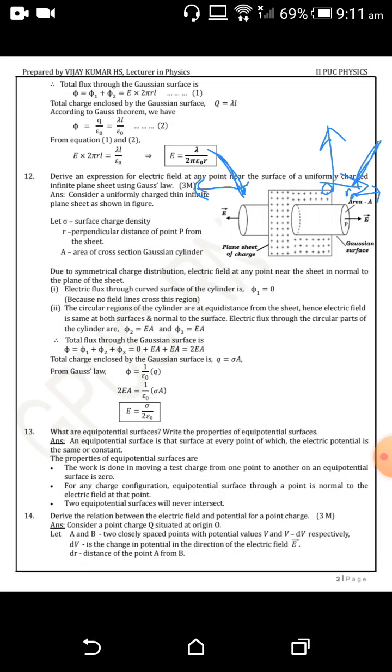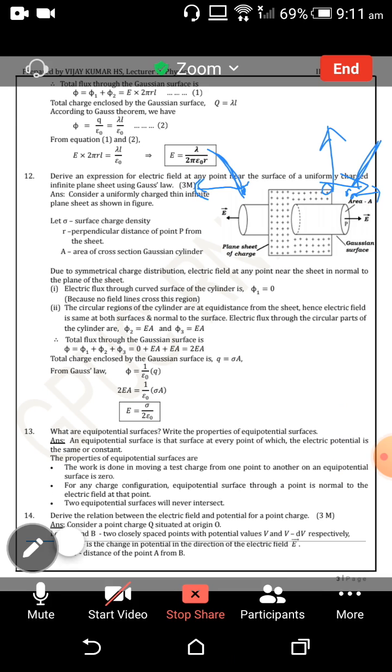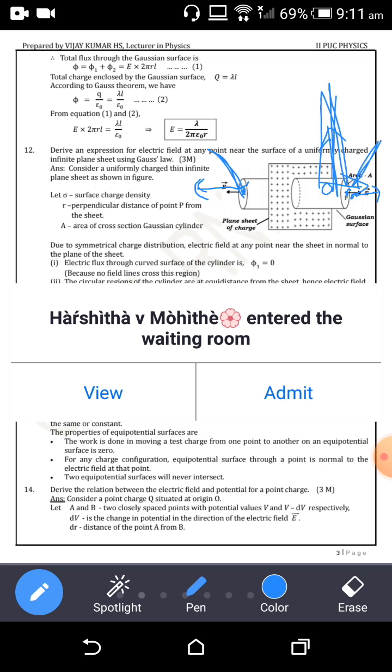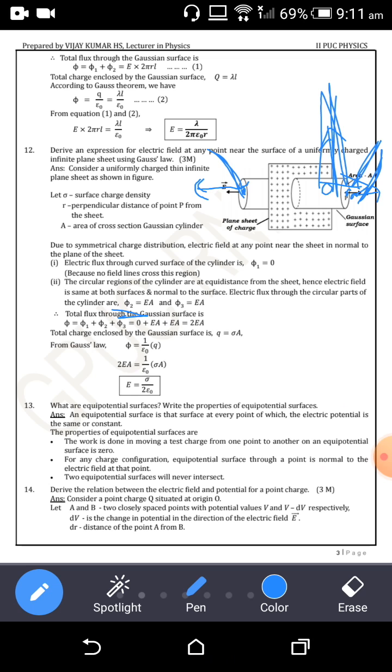Now the total electric flux is phi. We will consider the curved surface as part 1, and both the ends as part 2 and part 3.